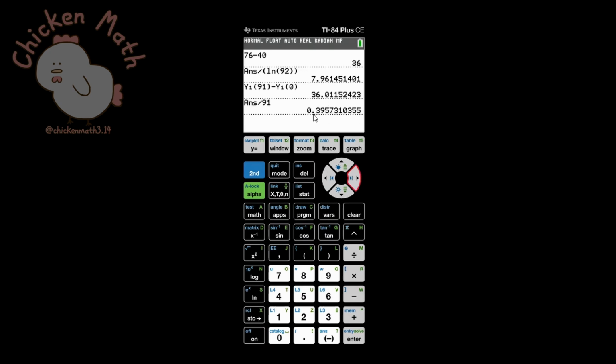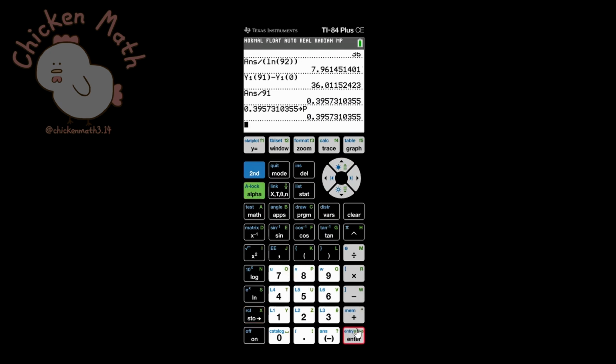We don't want to use an approximation, because that may change our value and we don't want to risk that. So we could store this as a letter just using the store function, which is right here. And I'm going to store it as P. So now every time I enter in P, I should get the same value.